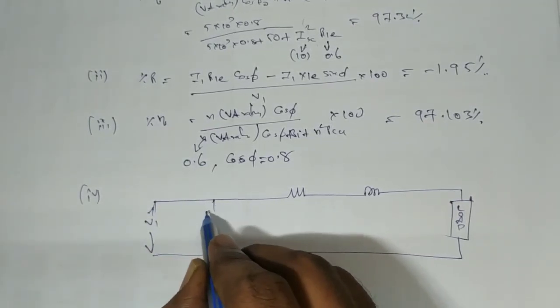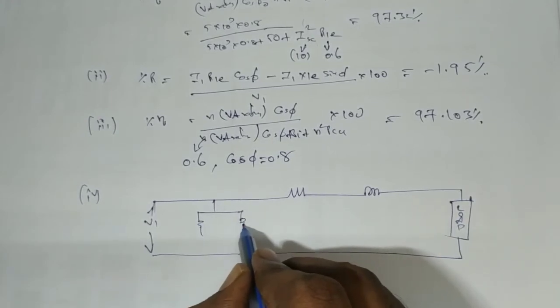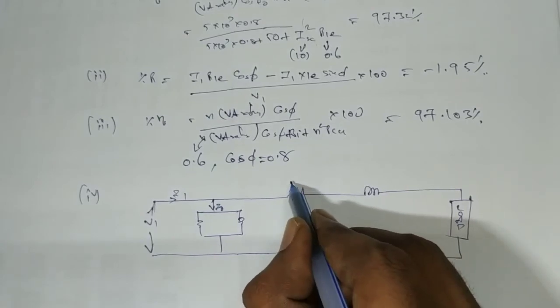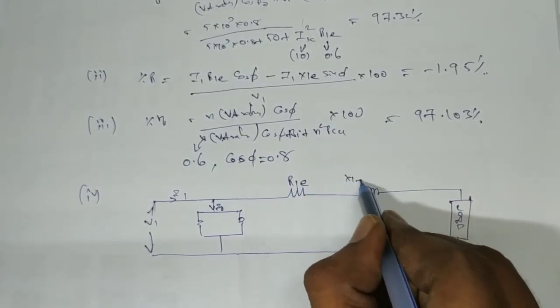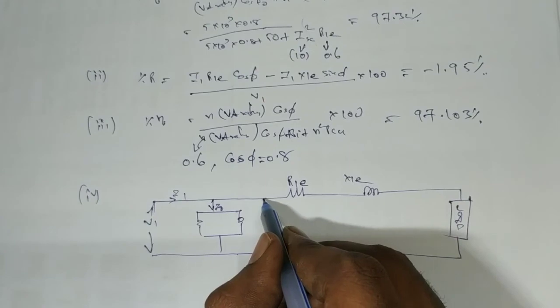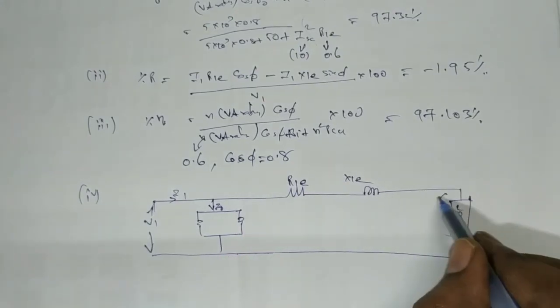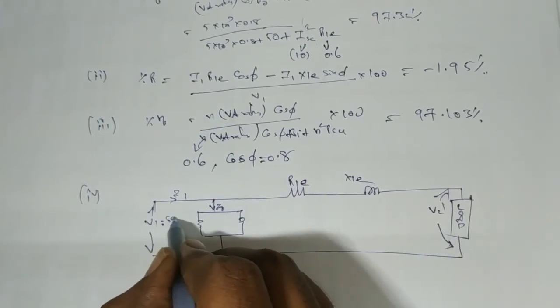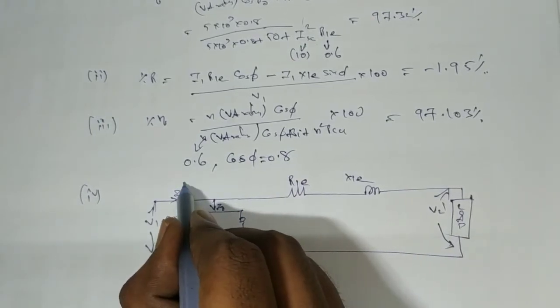We have calculated all values, and all the known values should be represented in that equivalent circuit diagram referred to the primary. So R1E is 0.6, X1E is 2.26, and we know the V1 value, V2 value, I0 value, IC value, IM value. Then we have to substitute all those values in the given equivalent circuit diagram.